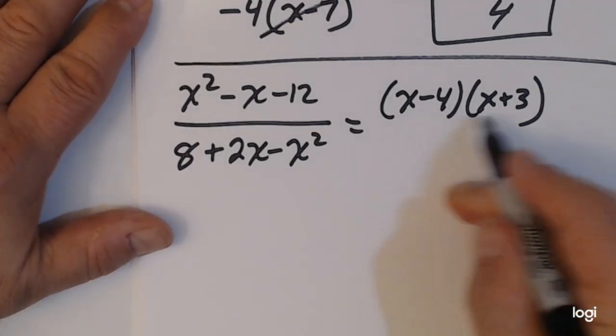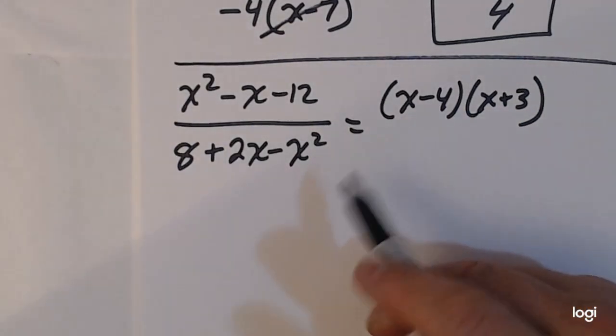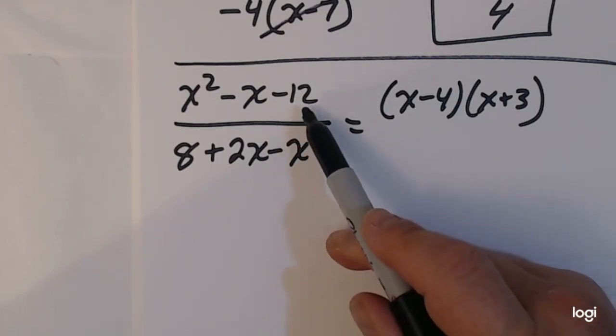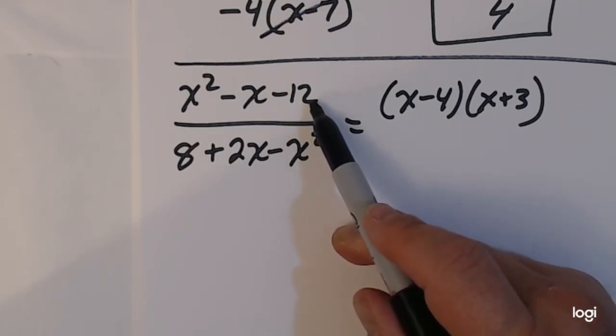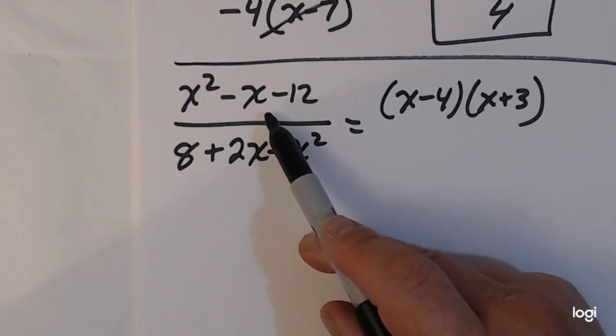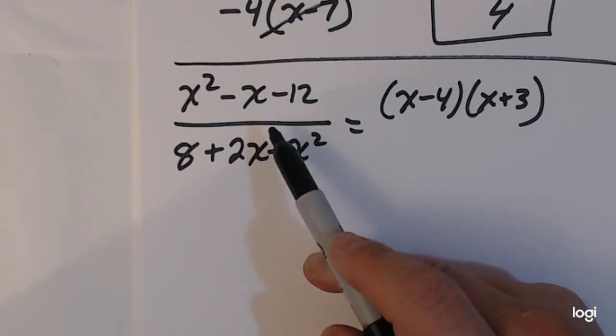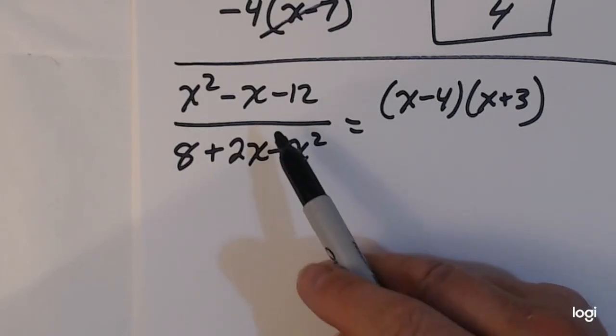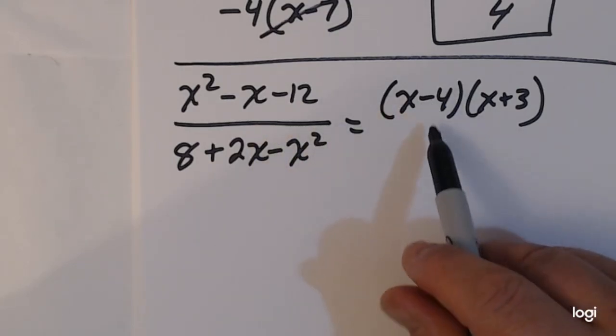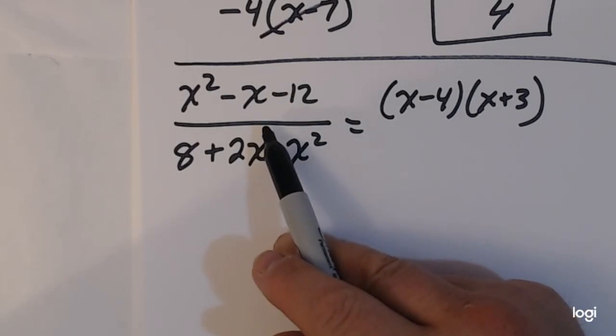So the first terms are x squared. Notice I needed 2 numbers when multiplied together give us negative 12, and when added together give us negative 1x. So 4 and 3 come readily to mind, and you're going to have the minus 4 because we're minus x.